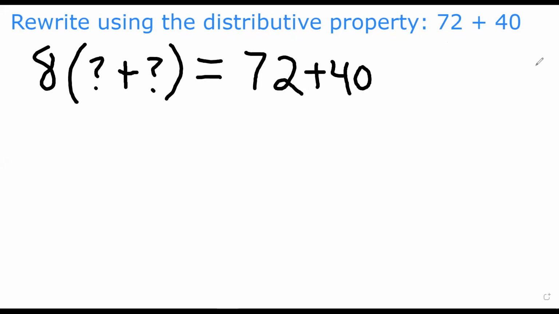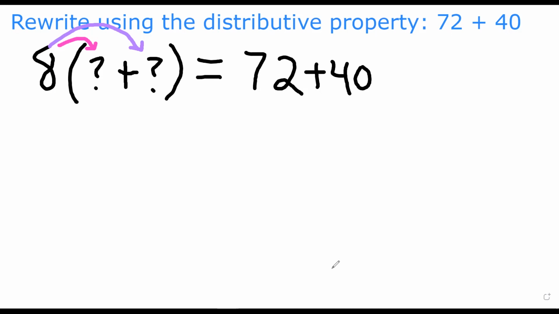So what we need to do is figure out 8 times what number is 72, and 8 times what number is 40. What times 8 is equal to 72?